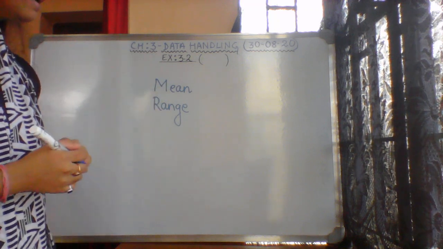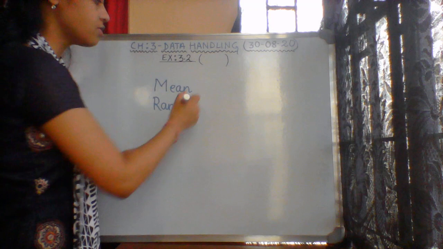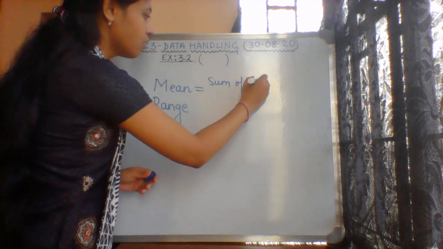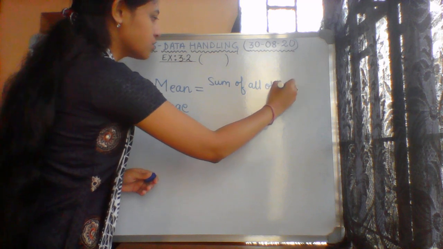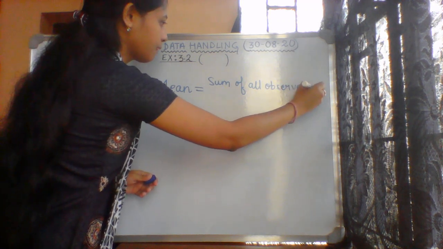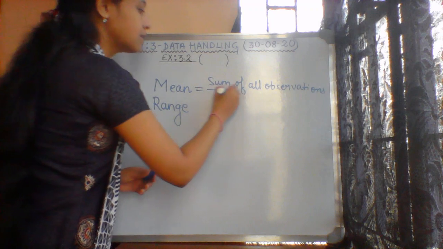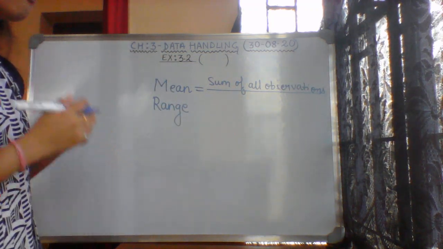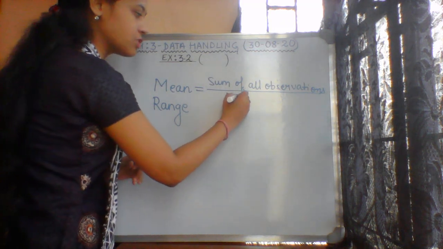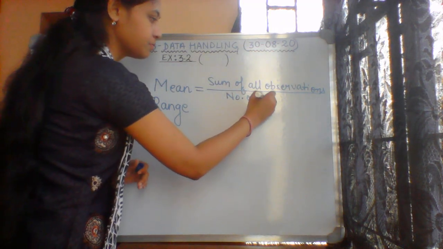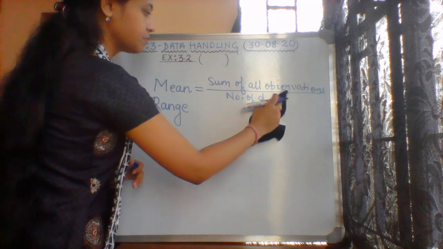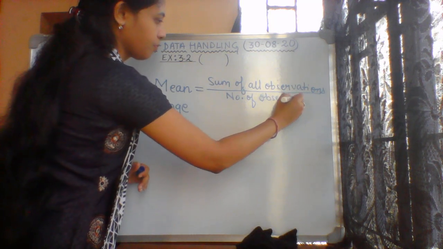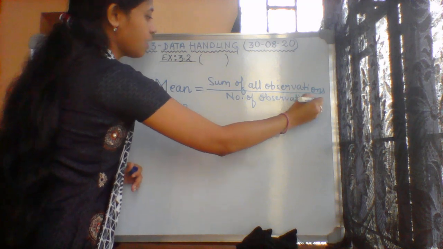Mean can be calculated as sum of all observations divided by the number of observations.